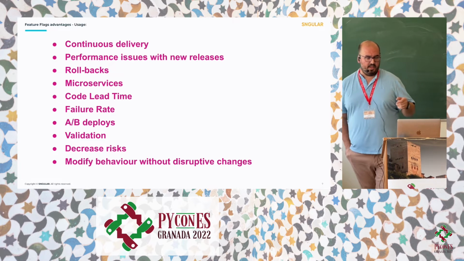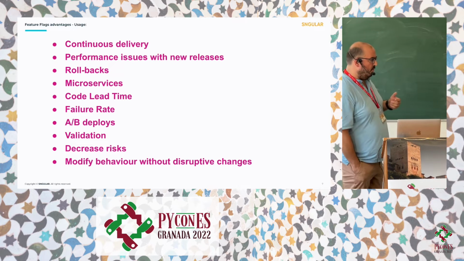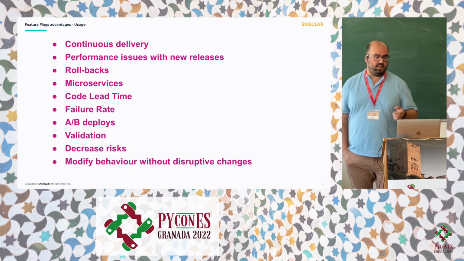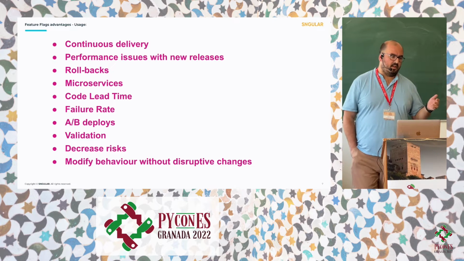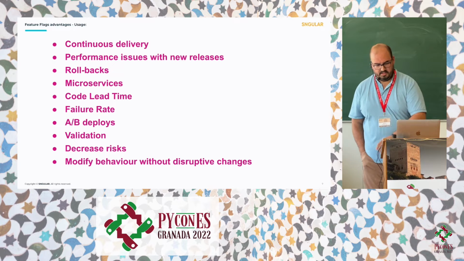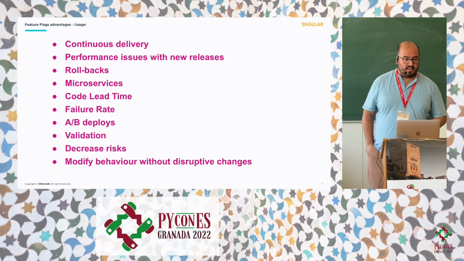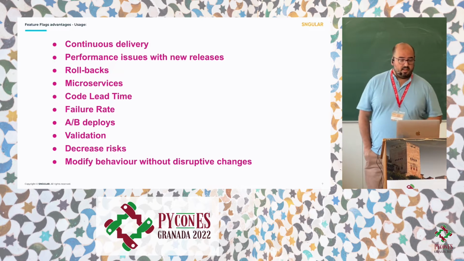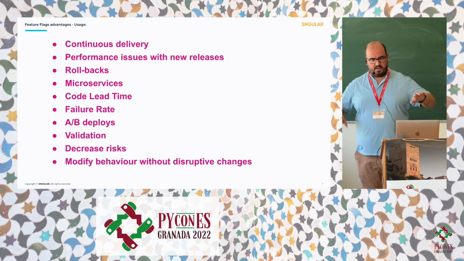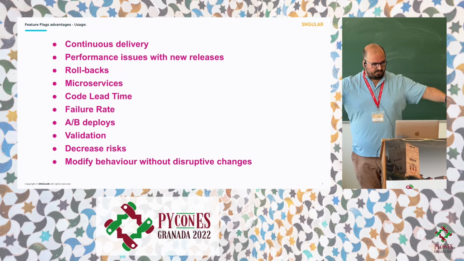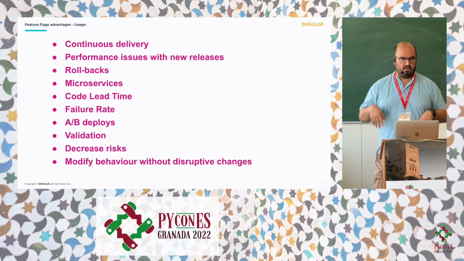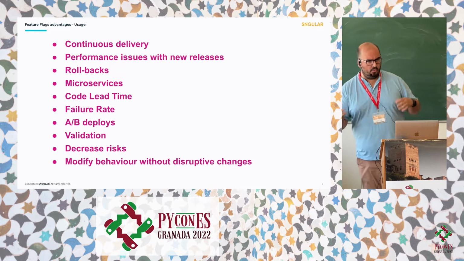Many people say, thanks to feature flags, you can decrease the code lead time, from the beginning when you start to code a feature until the moment you release it. Decrease the failure rate, being able to do A/B deploys, so you have two different features at the same time and can study two different sets of users and what they do.